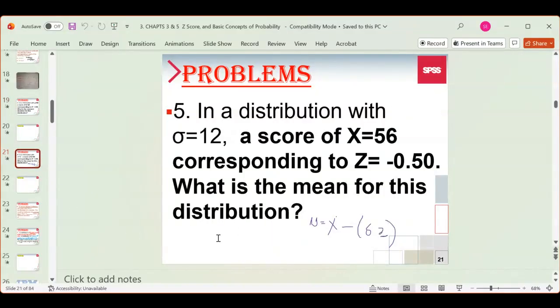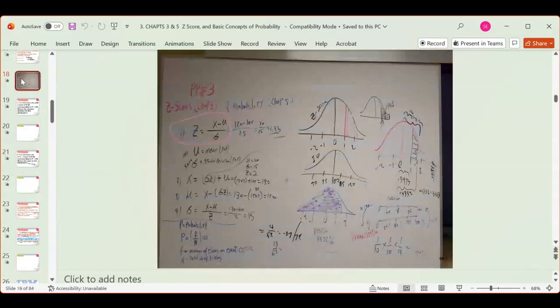So this one, what is the mean? Once again, you need to know the symbol for mean is mu. And there's X minus sigma times Z, right there.